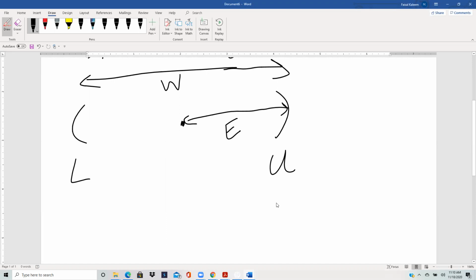So now if you have the width, how will you find the margin of error? Would you divide it by 2?